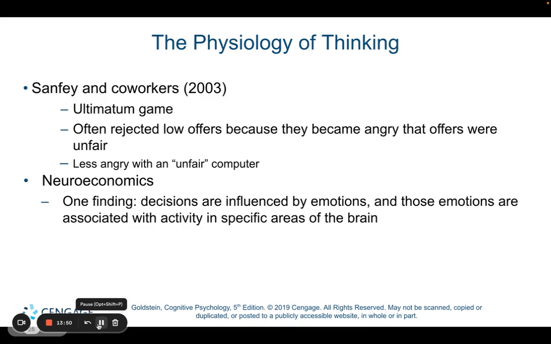The physiology of thinking says that sometimes we do things like the ultimatum game, where we often reject low offers because we become angry that the offers were unfair. And then also neuroeconomics, which says that decisions are influenced by emotions, and those emotions are associated with the activity in specific areas of the brain.